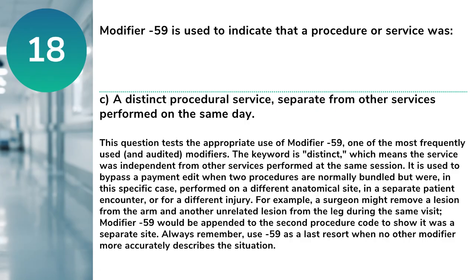It is used to bypass a payment edit when two procedures are normally bundled but were, in this specific case, performed on a different anatomical site, in a separate patient encounter, or for a different injury. For example, a surgeon might remove a lesion from the arm and another unrelated lesion from the leg during the same visit. Modifier -59 would be appended to the second procedure code to show it was a separate site. Always remember, use -59 as a last resort when no other modifier more accurately describes the situation.